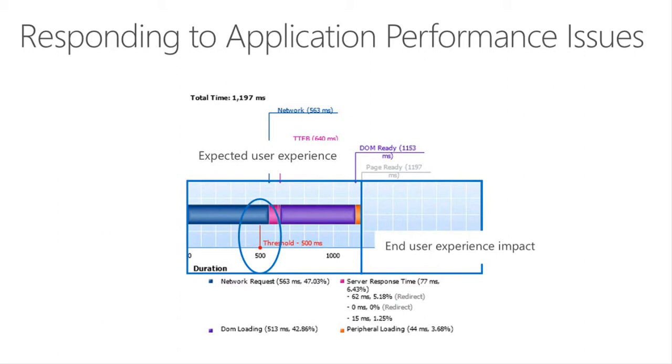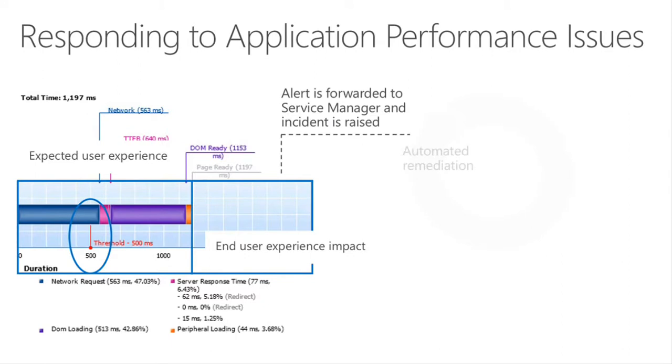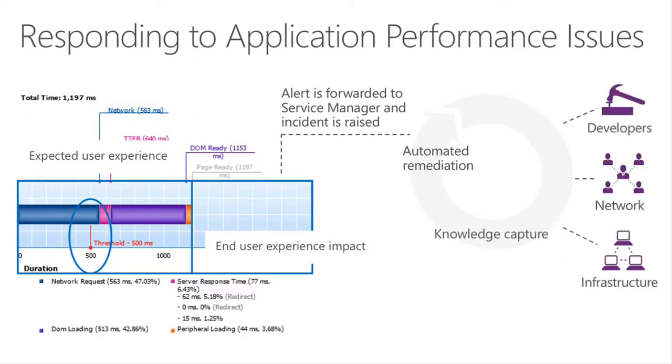So if we configured Service Manager in our environment, the Operations Manager to Service Manager connector means that whenever this alert is raised in Operations Manager, it will also go to Service Manager and raise an incident. Then this can go through different escalation paths, the developers, network, and infrastructure guys. And we can capture all that knowledge, and perhaps we have some automated remediation going on.